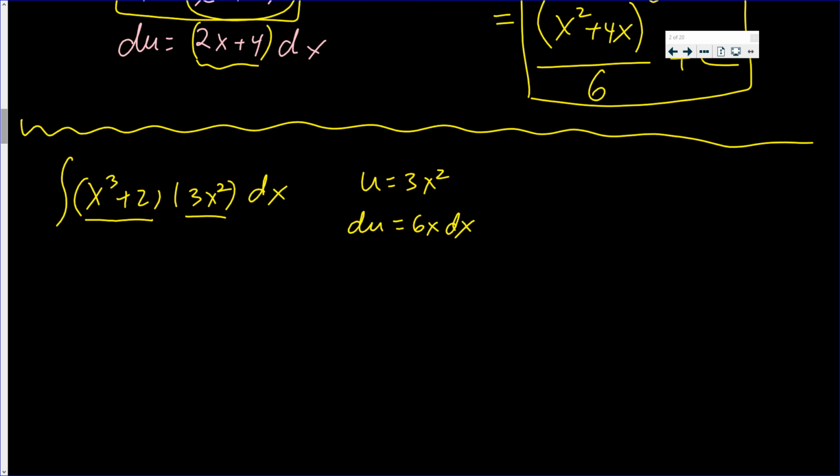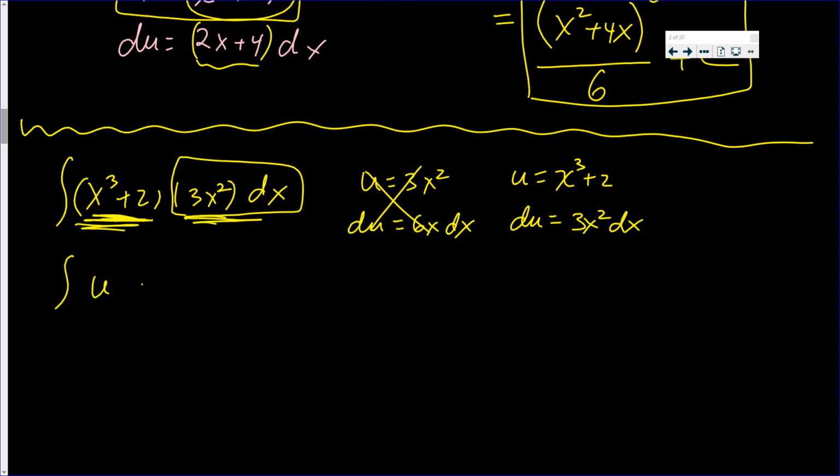Well, that's not what I have. So that didn't work. Did you make a mistake? Absolutely not. Let u equal x cubed plus 2. So the differential will be 3x squared dx. Ooh, that's just what I have. So what you have is this is u and that's du.